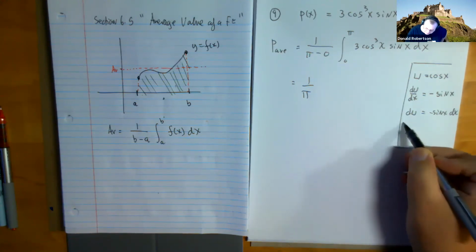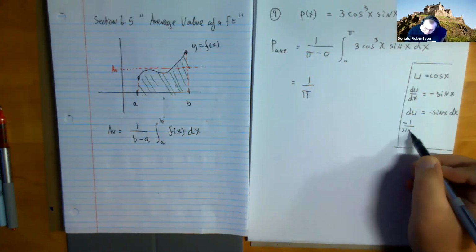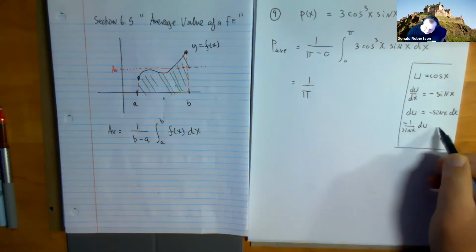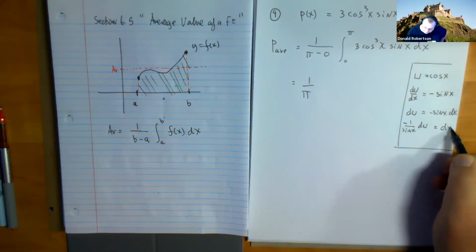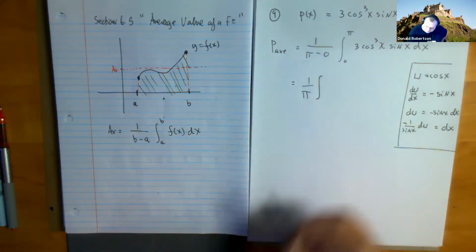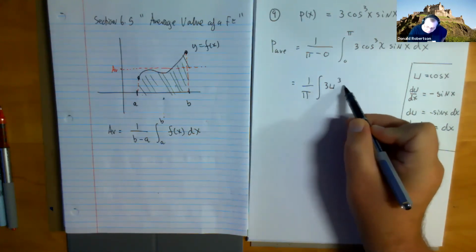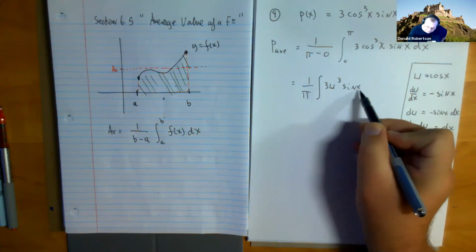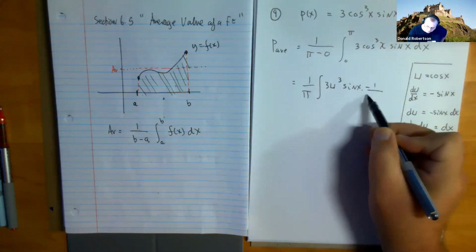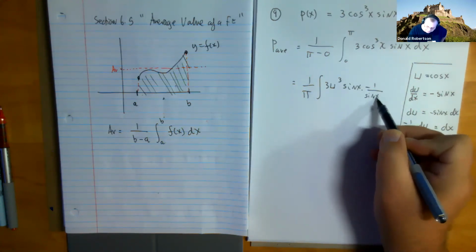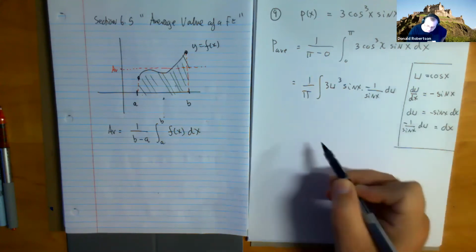Just like you said, we have that. So our thing's going to become 3 times u cubed, a sine x, a negative 1 over sine x du.